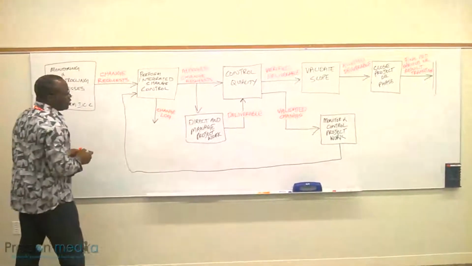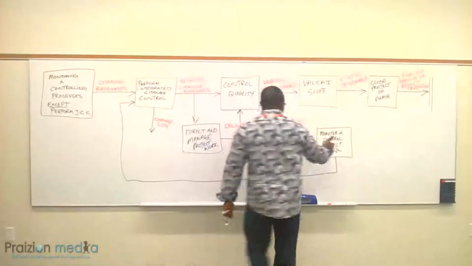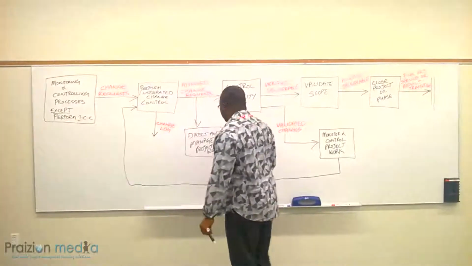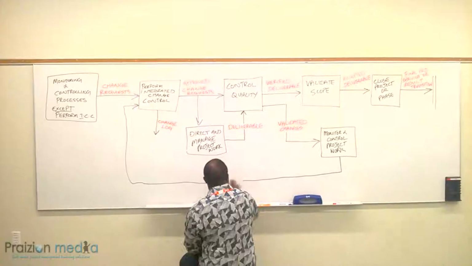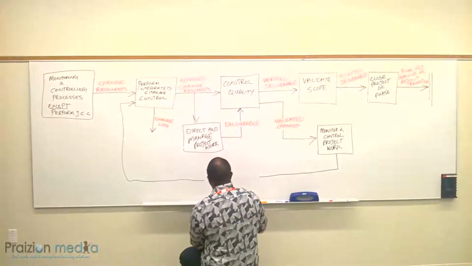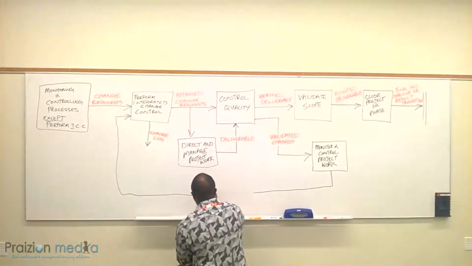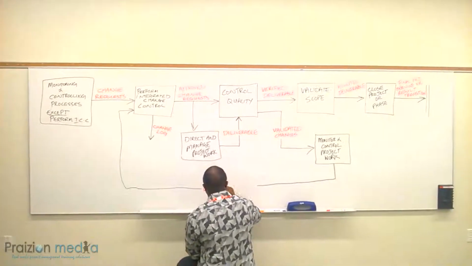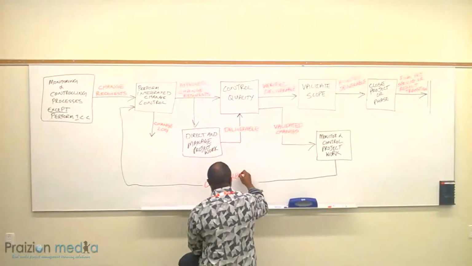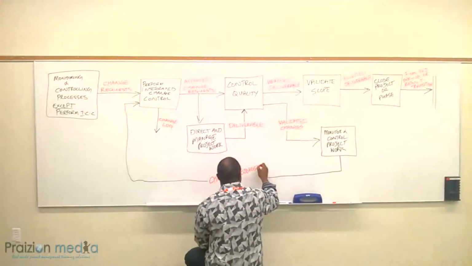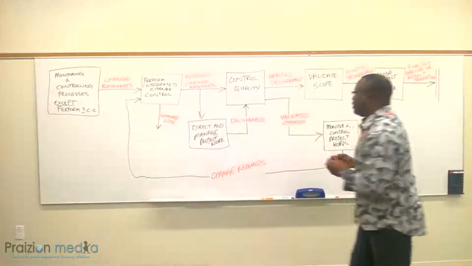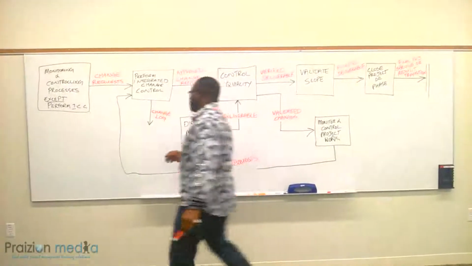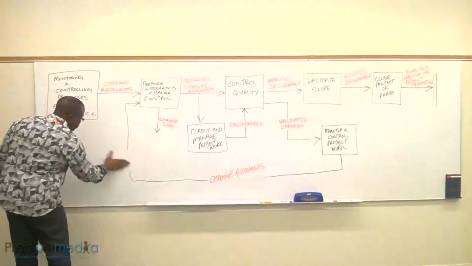And there are two things that come from monitor and control project work and go back into perform integrated change control. So the first one is change requests. And the second one is known as work performance reports. So we're going to show that here.